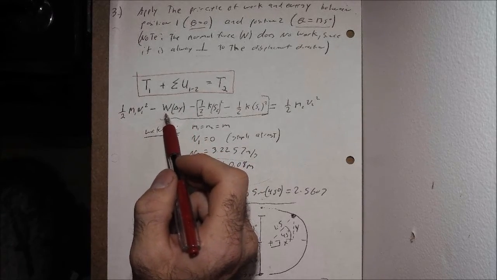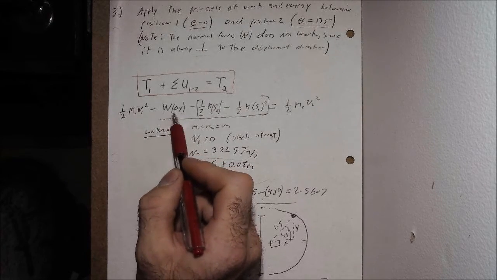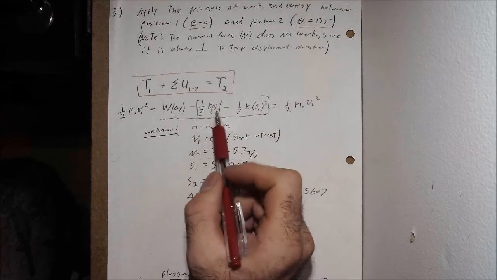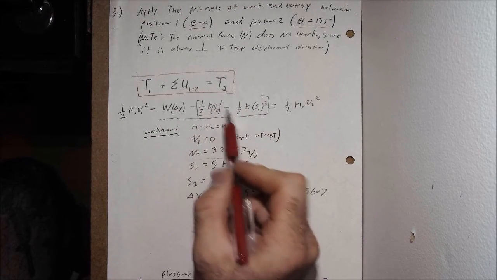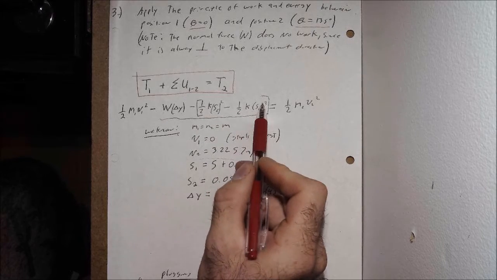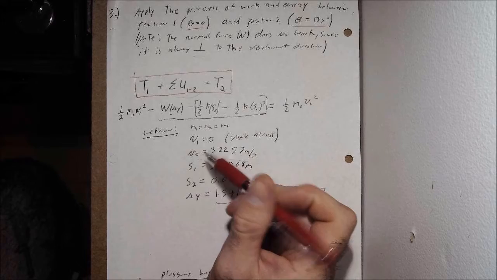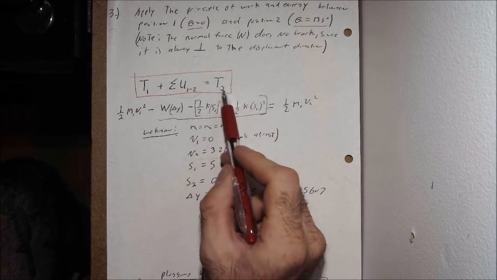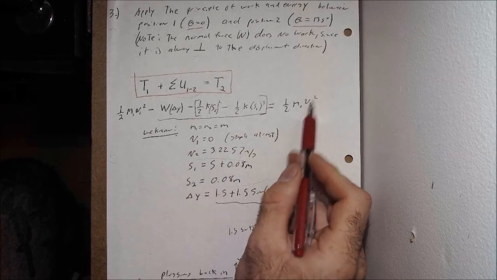We have one from our weight, which is the weight times the change in our y distance, W times delta y. And we have our spring force, 1/2 k s2 squared minus 1/2 k s1 squared. That is equal to the right-hand side, our T2, kinetic energy 2, 1/2 m2 v2 squared.